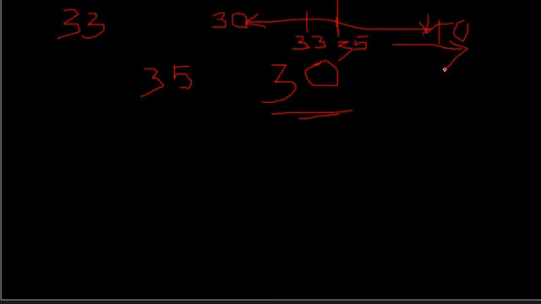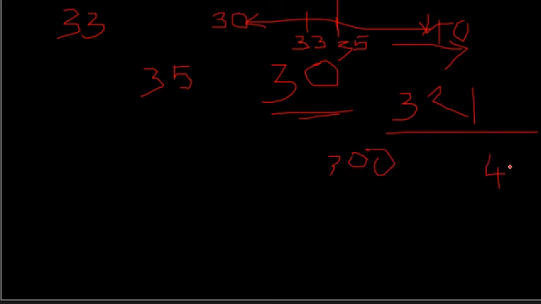So 321 to the nearest 100 happens to be 300, because it is easy to move from 321 to 300 than it is to move from 321 to 400, because 400 is very far from 321.